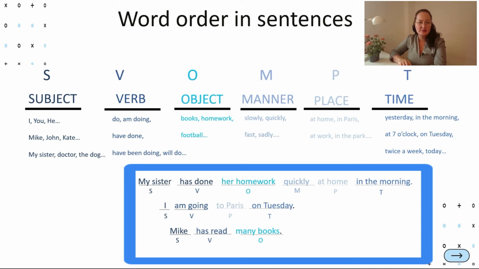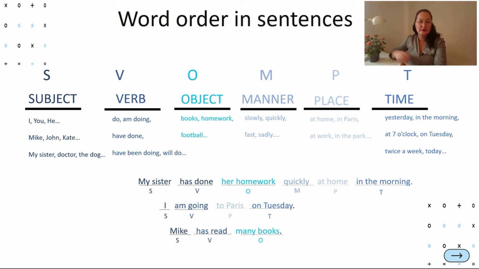So I is a subject, am going is a verb, and then to Paris is a place, and on Tuesday is time. And another shorter version of a sentence, we have a lot of short sentences in English, and that's why we do not use all the pieces of this pattern. Mike has read many books. Mike is a subject, has read is a verb, and many books is object.